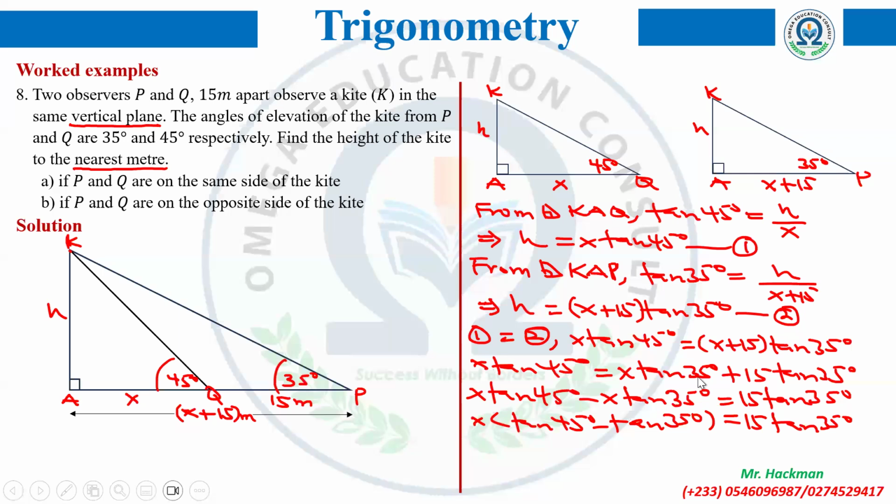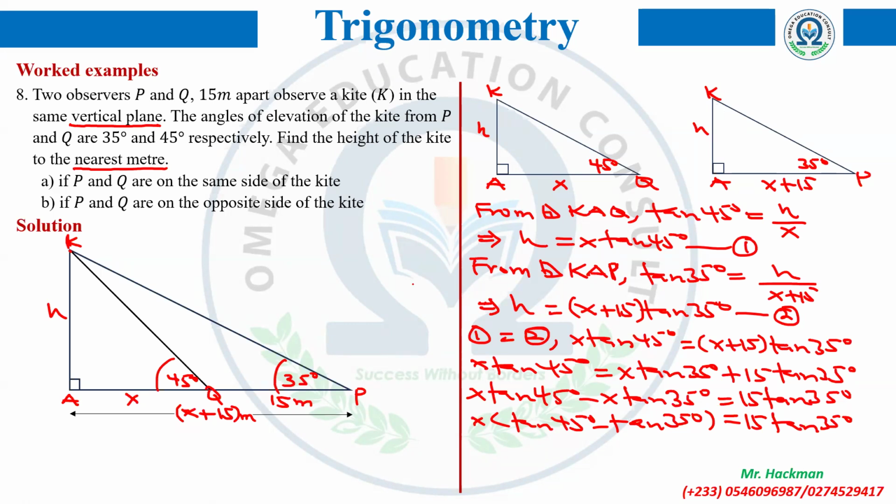Do you understand this step? Is the last one 35 or 25? No, it's 35. There's no angle that is 25 here. All the angles we are dealing with are 35 and 45. Okay, so it's 35. Take note.